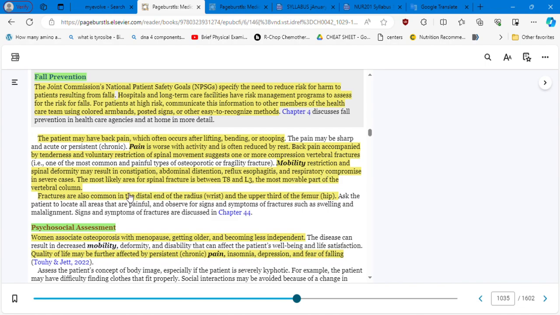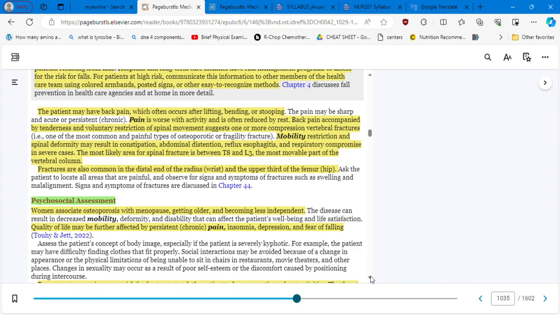The most likely area for a spinal fracture is between T8 and L3, the most movable part of the vertebral column, and that area is related to the bowel and the bladder. Fractures are also common in the distal end of the radius, which is the wrist, and the upper third of the femur, the hip.